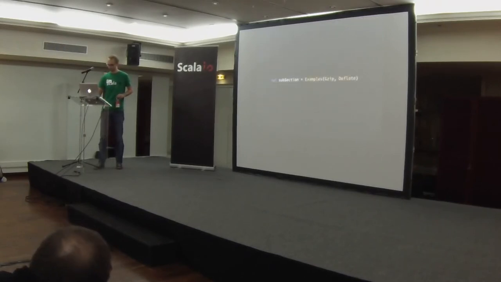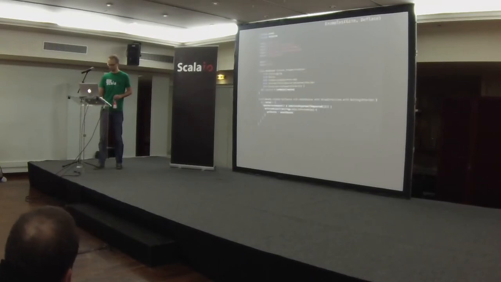Something that I usually turn on immediately when I write a Spray application is support for gzip and deflate, which usually speeds things up nicely, and it's sometimes hard to find how to do this. That's why I added this example to the presentation.